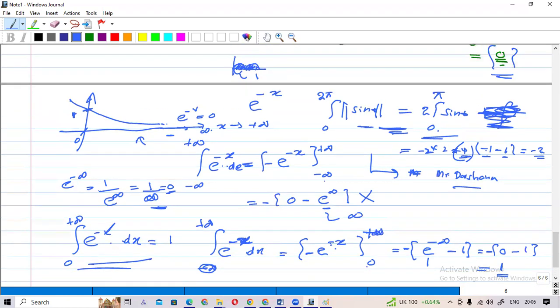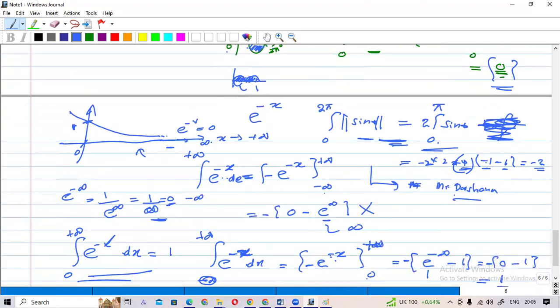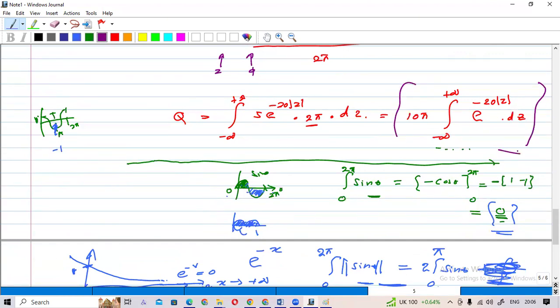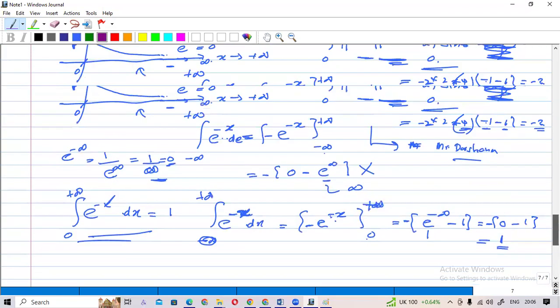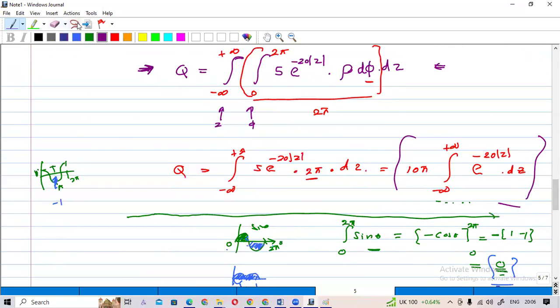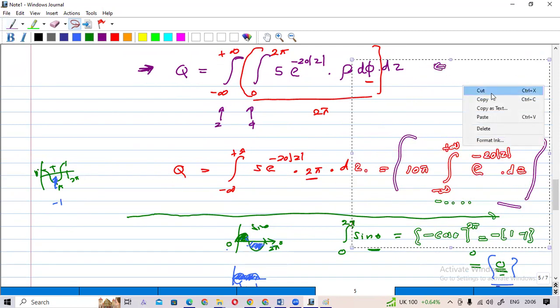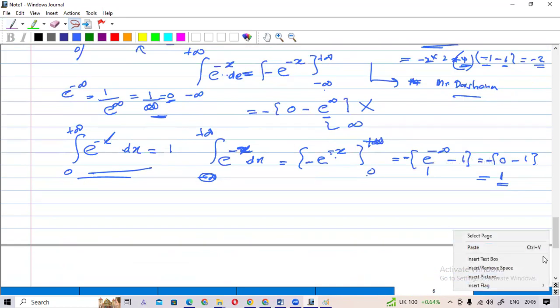So when you are evaluating this integration, where is our integration? This one.